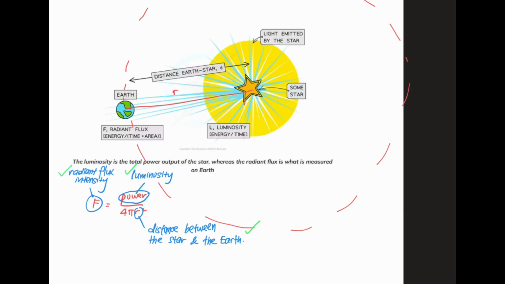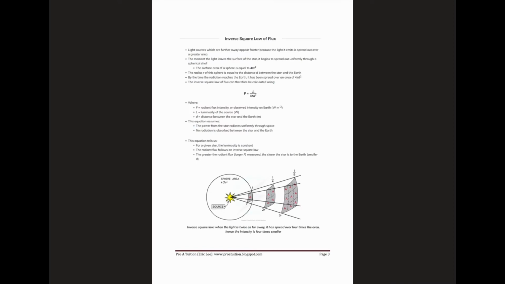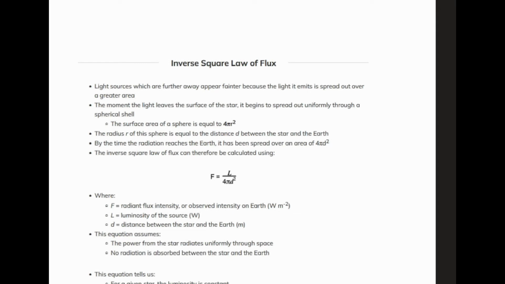Okay, now let's see this. On this page, we have the inverse square law of flux. Light sources which are further away appear fainter because the light they emit is spread out over a greater area.